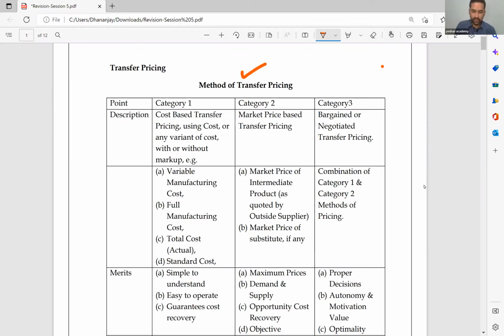So basically, there are three methods of fixing the transfer price. Number one, cost-based. Cost-based transfer pricing using cost or any variant of cost with or without keeping any markup. What does that mean? That means suppose there is department 1, there is department 2.